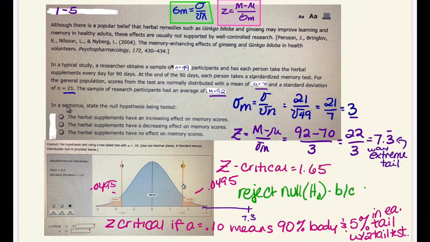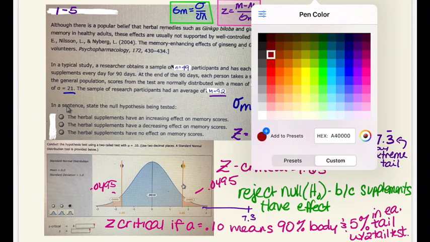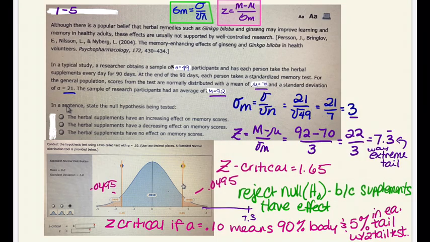So in this case, we're going to reject the null because our z is in the far reaches of the tail. The orange region is your extreme values, and if your number comes up in the orange region, then you reject the null. If it's in the blue region, then you don't reject the null, because it might be because of the treatment, but it might not be.